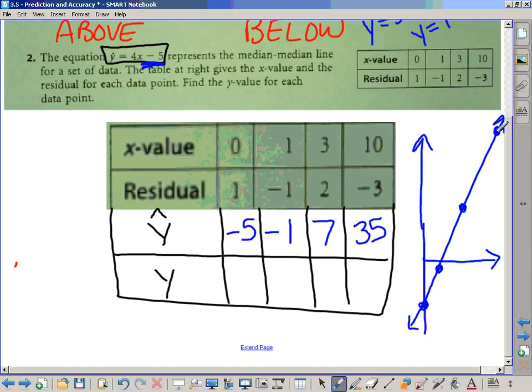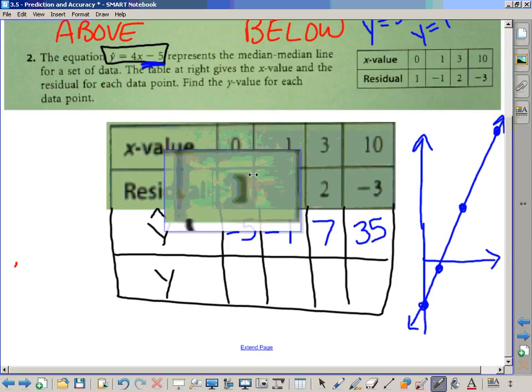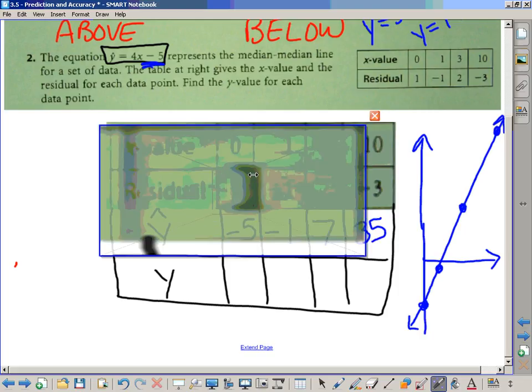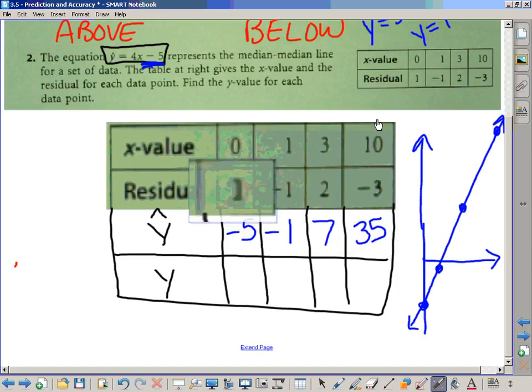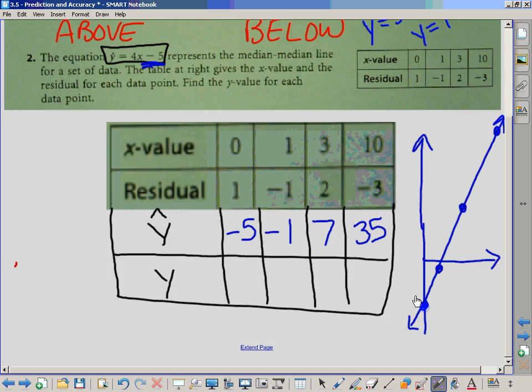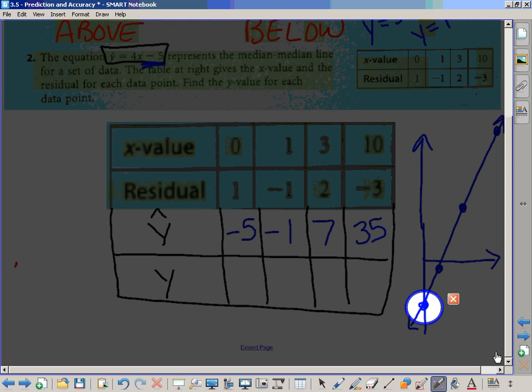The actual data points, which will be these y values that we're looking for, they're telling us that the first one is 1 unit above the line. So let's think about that. If this point is at 0, comma, negative 5, where would we be if we were 1 unit above that? Negative 4.